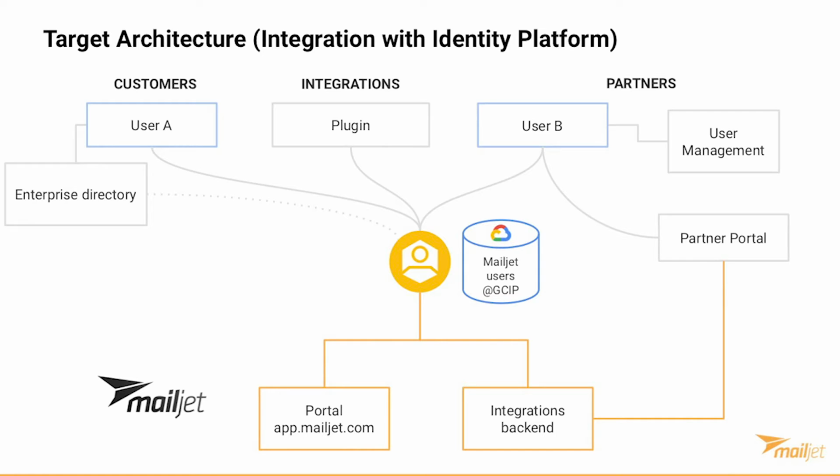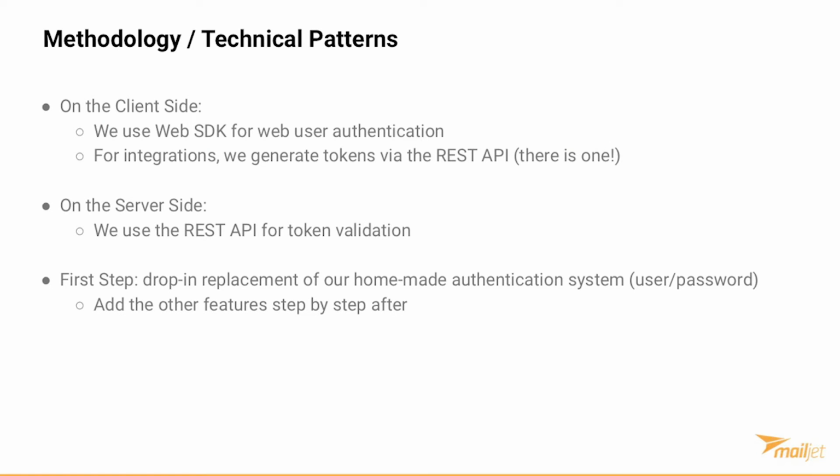You have just one SDK on your web application to integrate. And on our side, we also use the REST API to directly integrate identity platform admin features. So on the client side, we use the Web SDK, which is super easy to integrate.